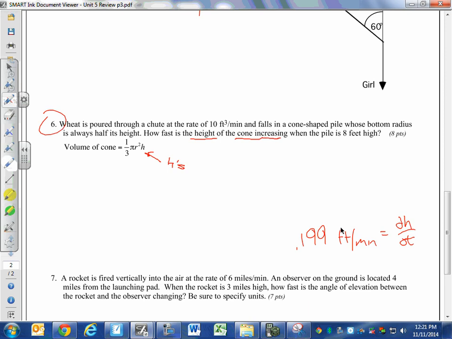The key step is this. The bottom radius is half the height. Bottom radius is 1/2 the height. However, actually this is perfect. This is r in terms of h. I will plug in 1/2 h in for r to simplify my volume equation.